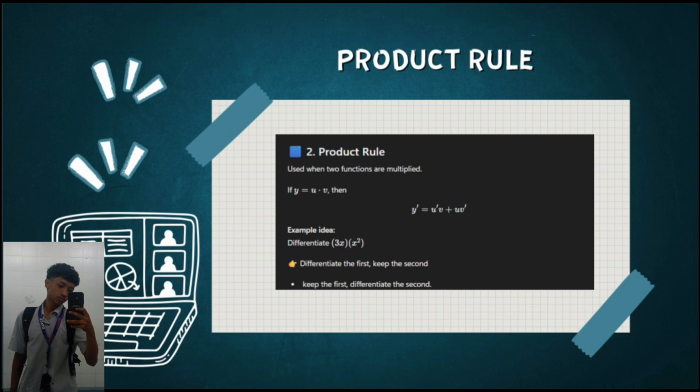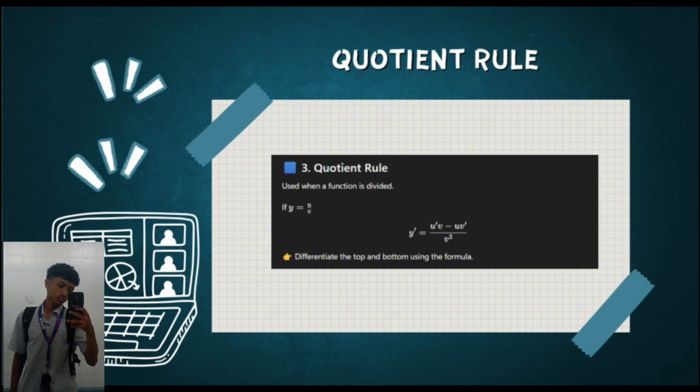Example, differentiate 3x times 3x^2. First of all, you need to differentiate the first, keep the second, and keep the first back, differentiate the second back. So basically you just need to differentiate the first, u prime times v, and then you need to differentiate back the second.